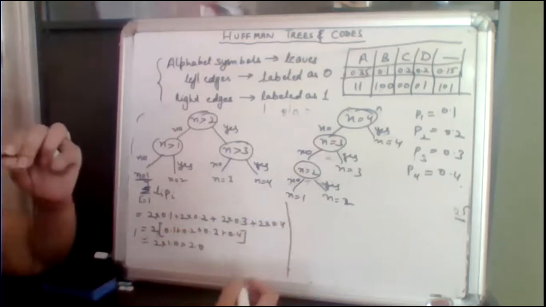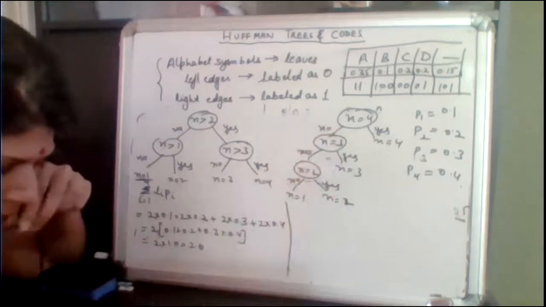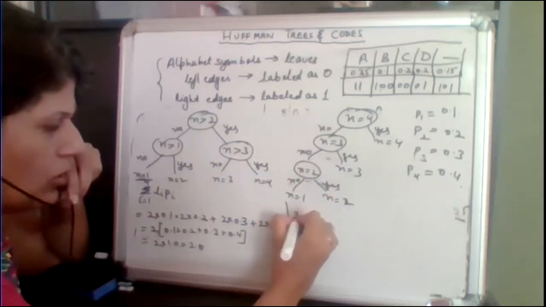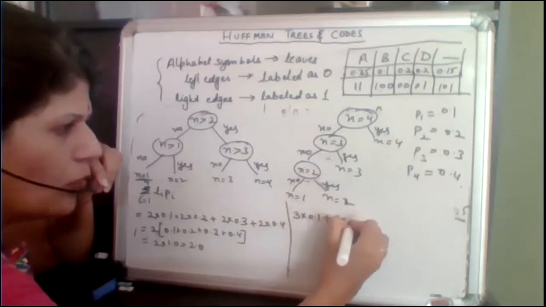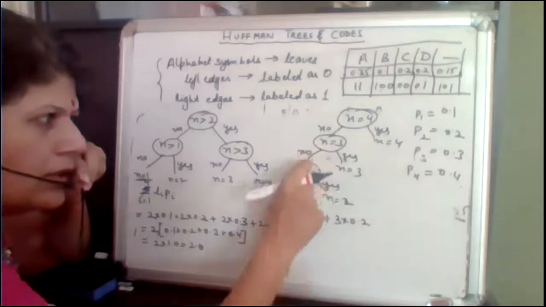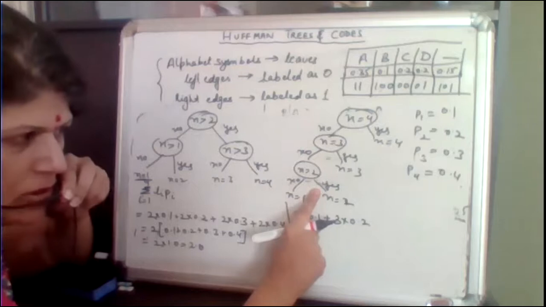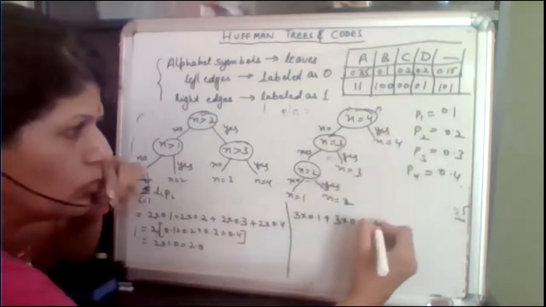Now quickly let's see here. To reach 1, you have to go through decisions 1, 2 and 3. So 3 into 0.1 plus 3 into 0.2. To reach the second value, you need 3 decisions again, so path length 3 into 0.2, the probability of 2.